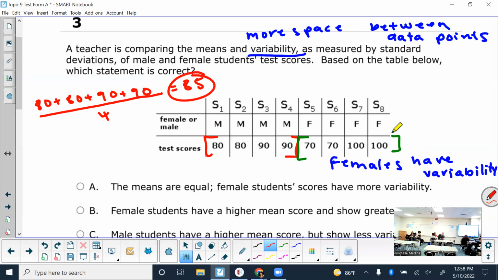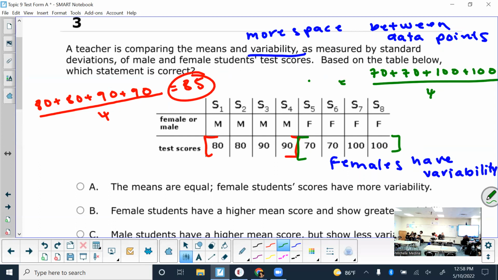And then the mean for the females, so 70 plus 70 plus 100 plus 100 divided by 4, is also 85.